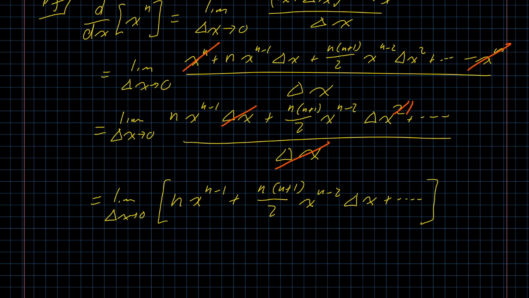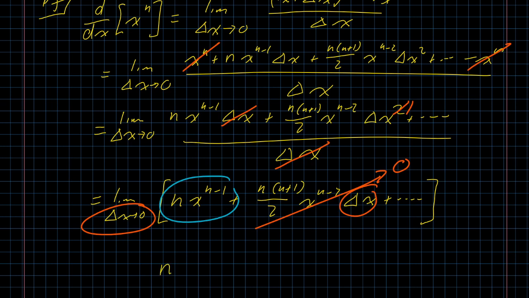And then the key to all of this is that every term that's left, except for the first term, has at least one factor of delta x in it. And as delta x goes to 0, each term that has a delta x in it goes to 0, leaving me with n times x to the n minus 1 power.